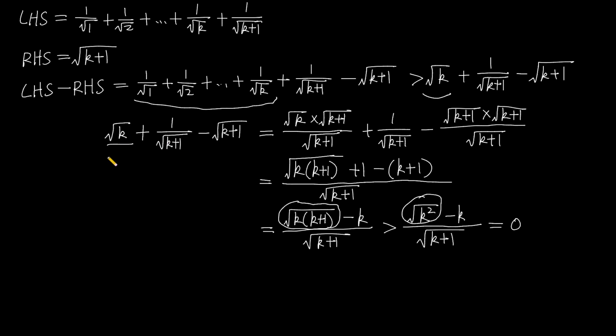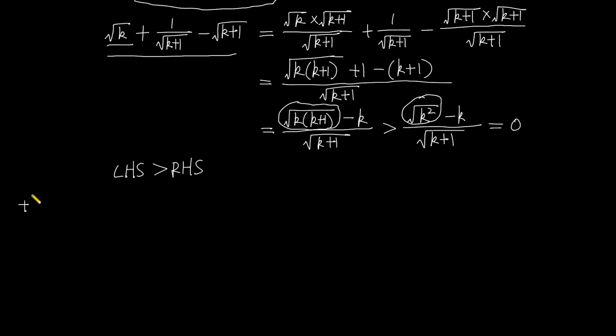So this guy is larger than 0. The left hand side minus right hand side is larger than 0. The left hand side is larger than right hand side. The inequality holds for n equals k plus 1.